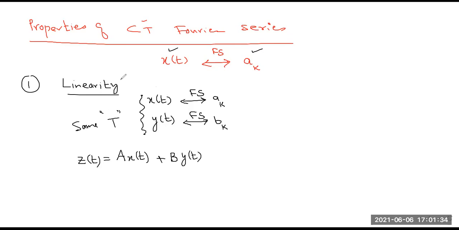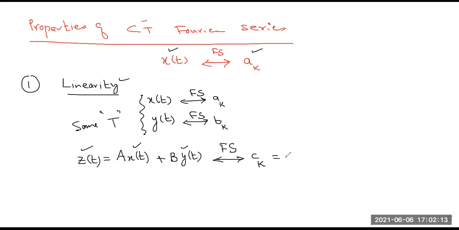So according to the linearity property of Fourier series, this new signal z of t, its Fourier series pair, let's call it c sub k, we can easily relate the Fourier coefficient of this signal to the Fourier coefficients of these two signals in this manner: if z of t is a linear combination of x of t and y of t, its Fourier coefficient will also be a linear combination of the Fourier series coefficients of x of t and y of t.